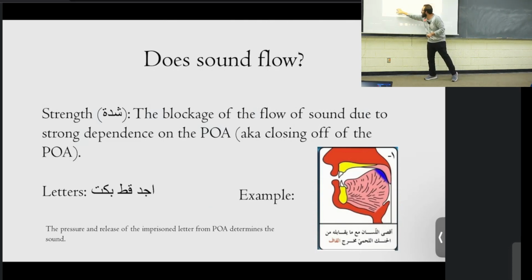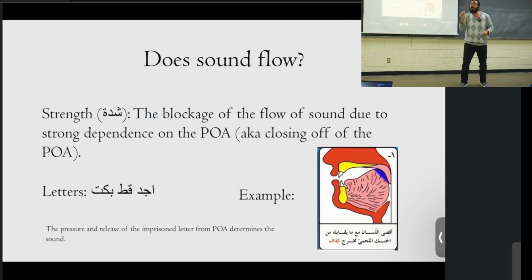So let's take examples. Qaf, right? Ab. The makhraj is completely closed and the sound is not emitted at all, right? So there's no sound that gets emitted.